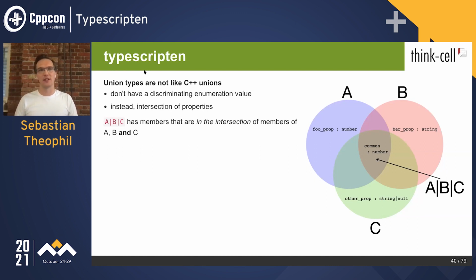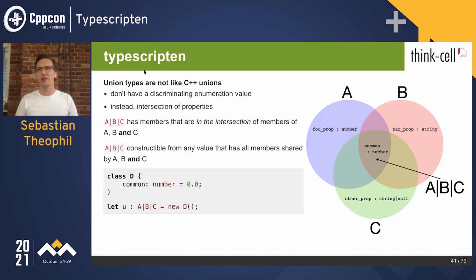Okay, so that's interesting. Not only that, but a value of that union type A or B or C is constructible from any value that has the same set of properties. So here in my little example, I'm creating a new type D, which doesn't have any relation to A, B, or C, but it has the correct property, the common property. And I can assign a value of type D to a value that has the union type of A, B, or C. Okay, that's surprising again if you're coming from C++.